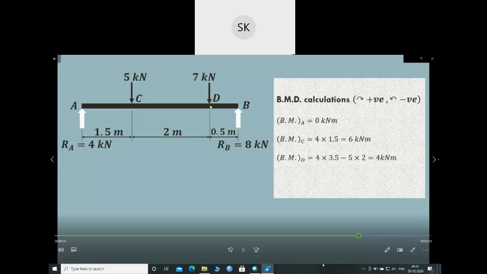Similarly, for bending moment at point D, we have to consider all the forces acting on the left hand side of D. Ra, which is acting in the upward direction, will go in the clockwise direction towards point D. Ra is multiplied by the perpendicular distance between A and D, which is 1.5 plus 2, that is 3.5.